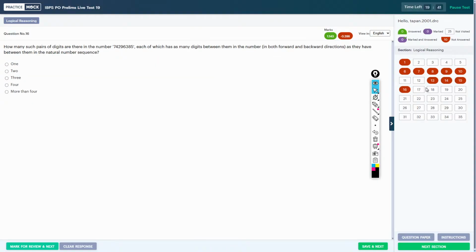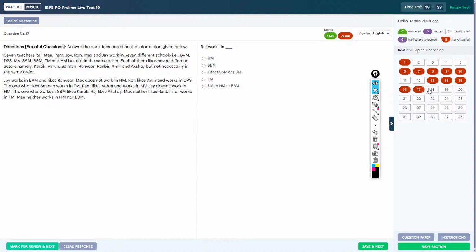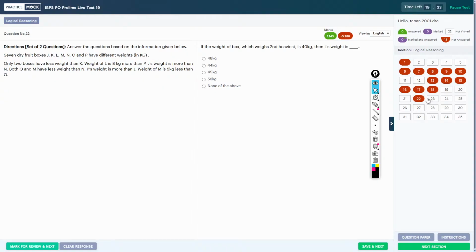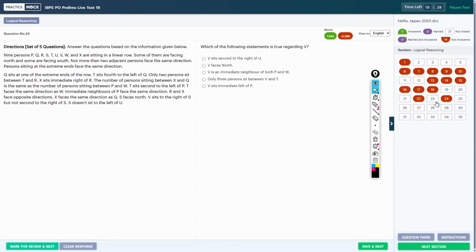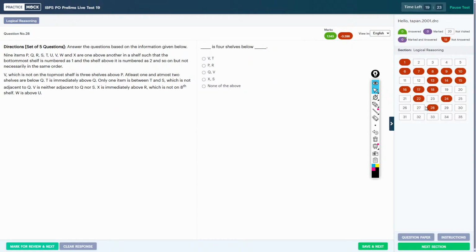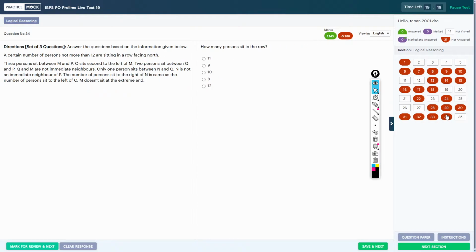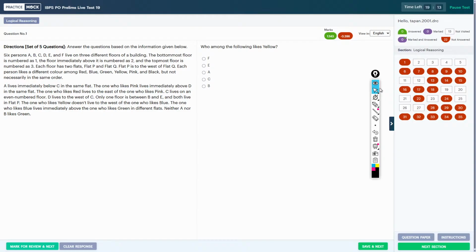Six, how many pair? 7 teachers, 7 school, just about selection. 7 dry fruit, only 2 questions. 9 sitting in a row, some facing north, some south. Okay, doable. 9 items, one over another. Okay, 6. So 3, 2, 1.